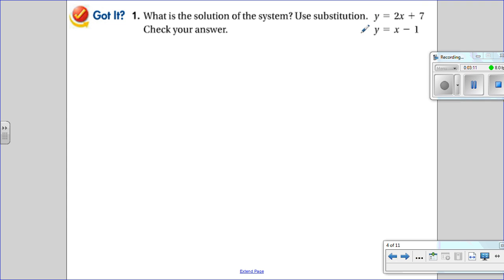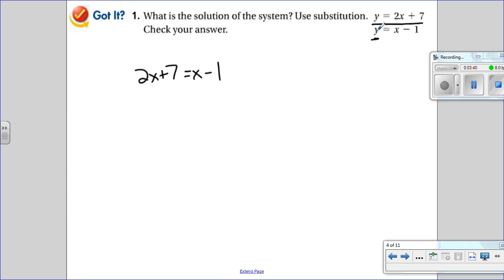Okay, let's try another one. Here we have, again, the equations are both in y equals, so you can take either one. It really honestly doesn't matter. How about I take this one and plug it into this one? We are going to replace the y with what y equals: 2x plus 7 equals x minus 1.